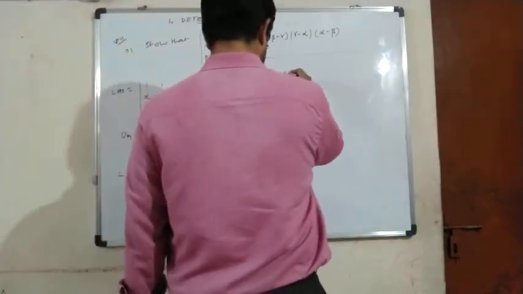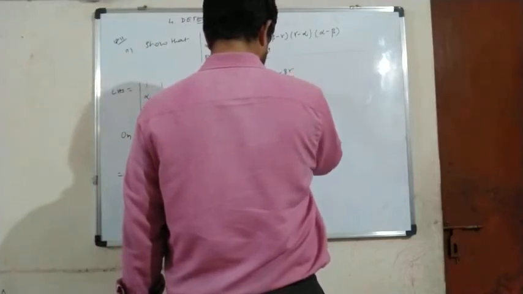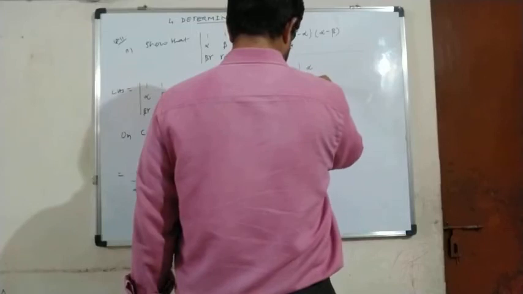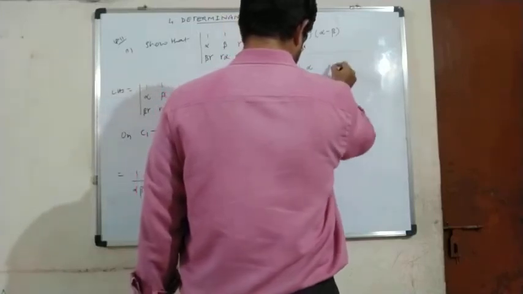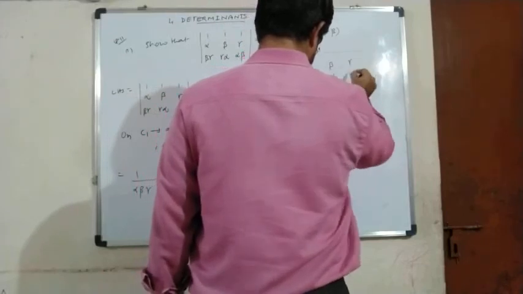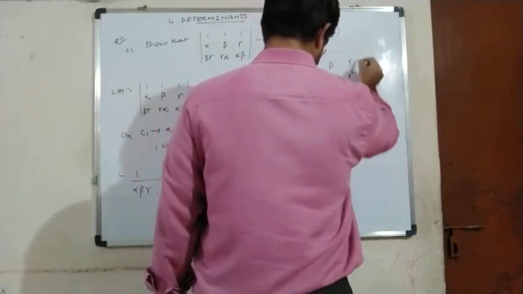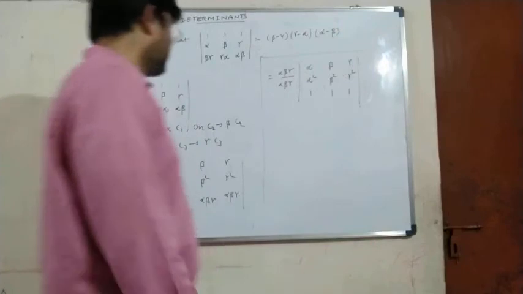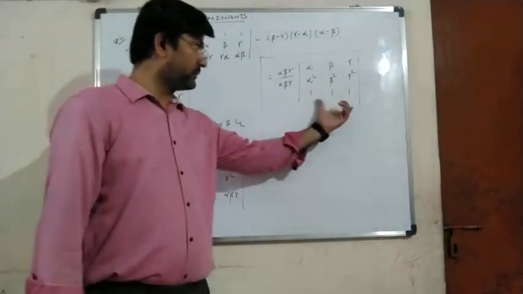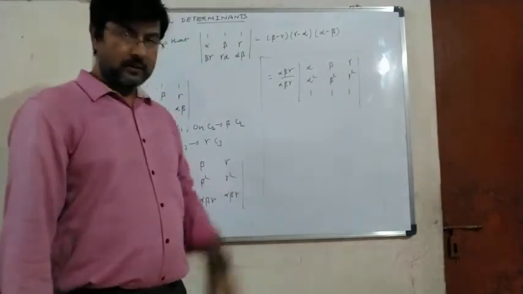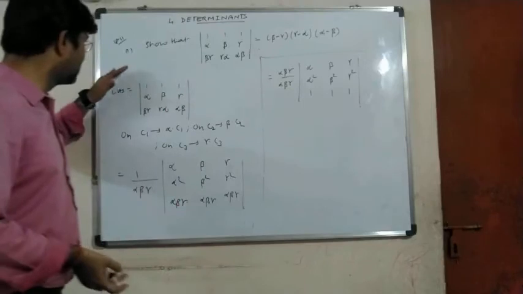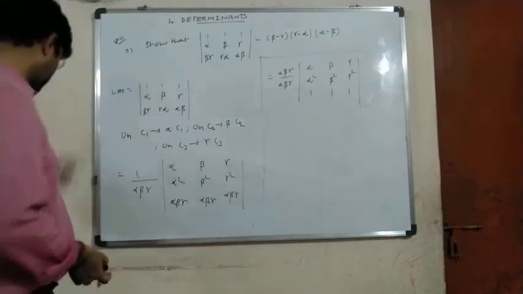Okay, now alpha beta gamma we can take common. So alpha beta gamma upon alpha beta gamma, we get alpha, alpha square, 1, beta, beta square, 1, and gamma, gamma square, 1. Okay, now if you notice, after bringing two changes in this, we will get the same determinant as we have solved in the first part of question number 11.